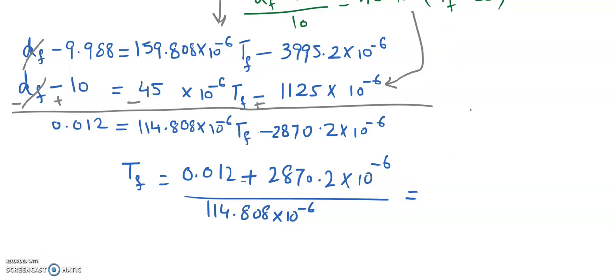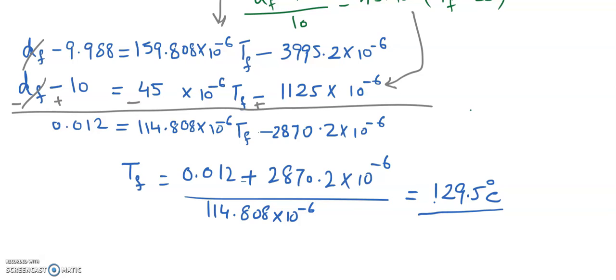So I need to calculate it. So it will be 129.5 degrees centigrade. So that means we have to heat up to 129.5 degrees centigrade.